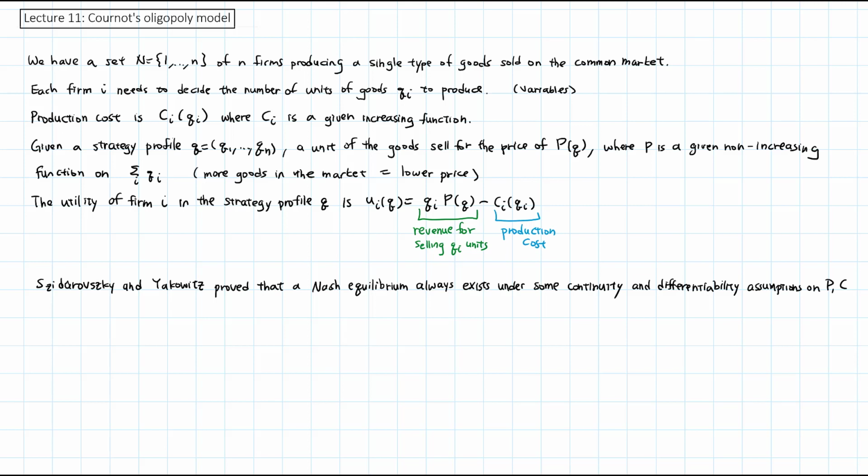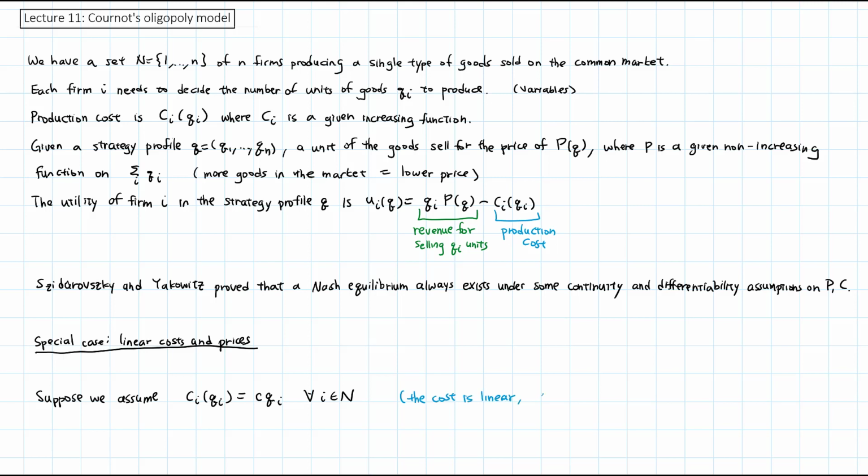For us, we will discuss the special case where we have linear costs and prices. So suppose we assume that the cost Ci of Qi is C times Qi for all i, meaning the cost is linear, and we have the same unit cost C for all the firms.